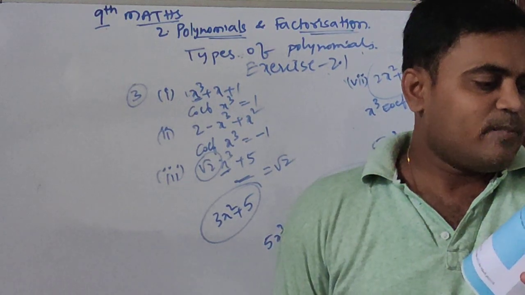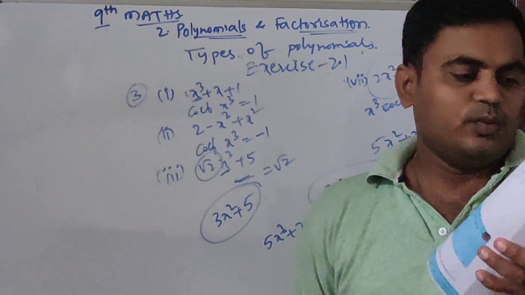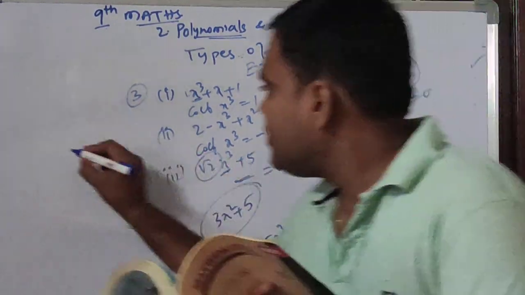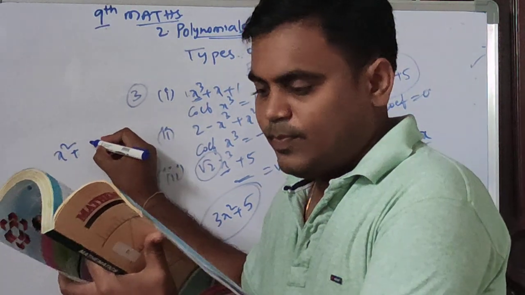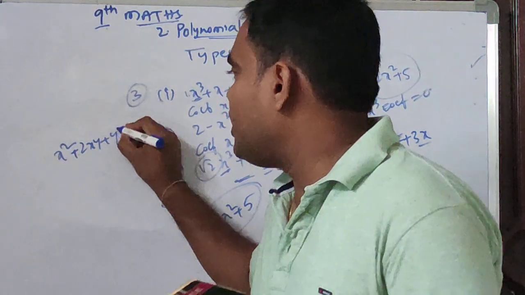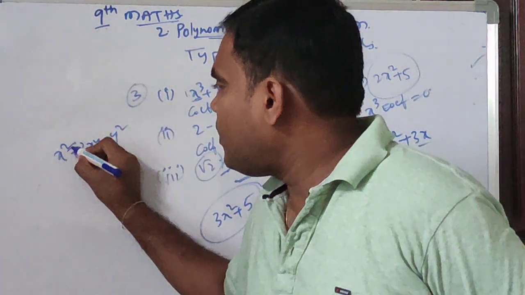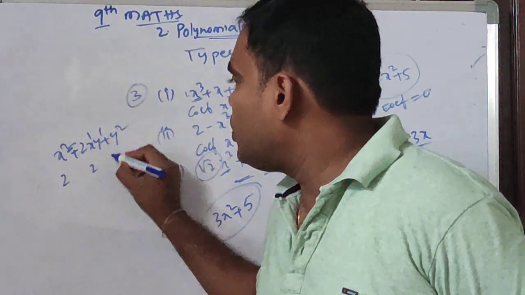Next. The degree of x square plus 2xy plus y square is equal to 2. If we observe the power of the first one, it is 2. In 2xy, 1 plus 1 is 2.